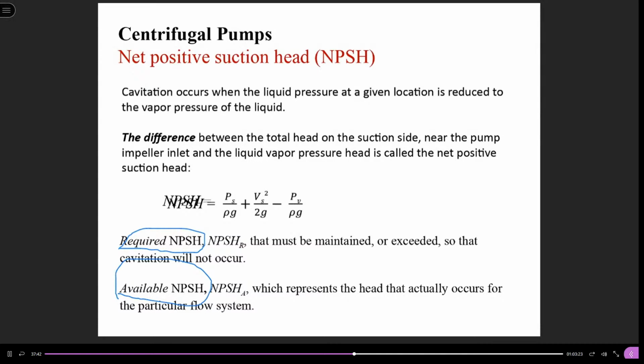Available net positive suction head represents the head that actually occurs for the particular flow system. In addition, we have known that cavitation occurs when the liquid pressure at a given location is reduced to the vapor pressure of the liquid.